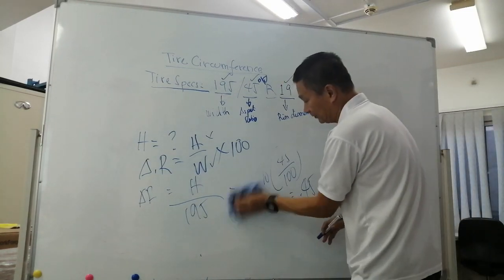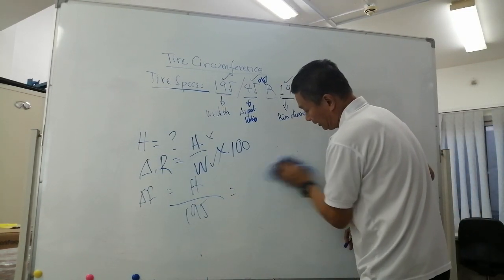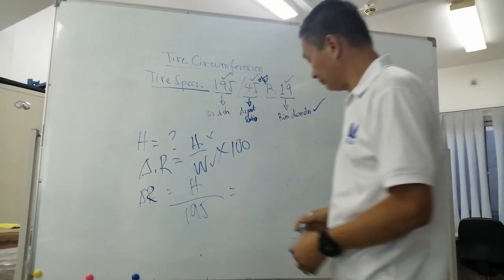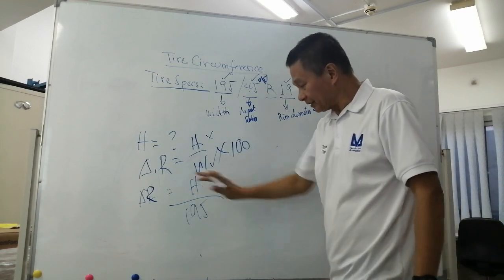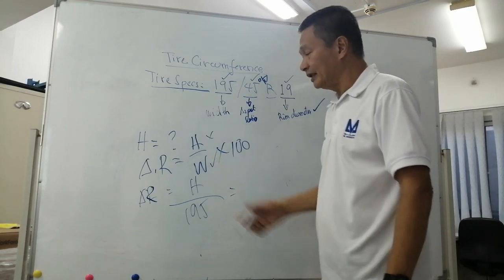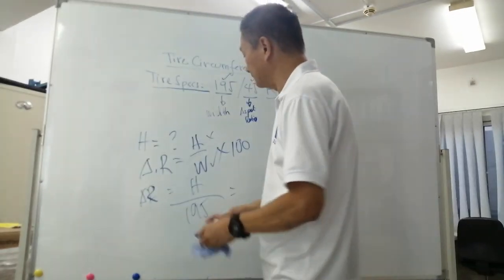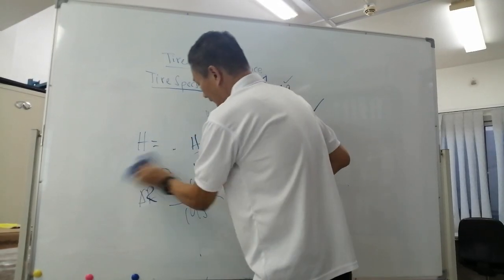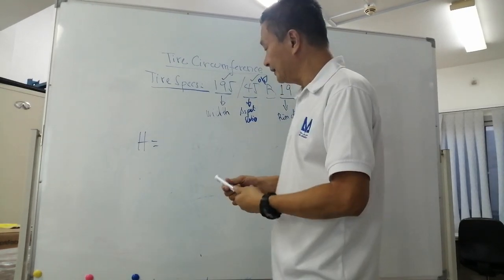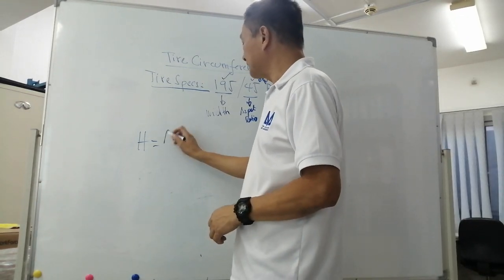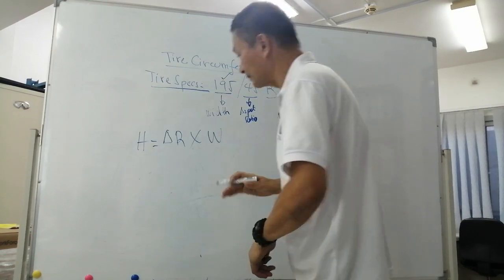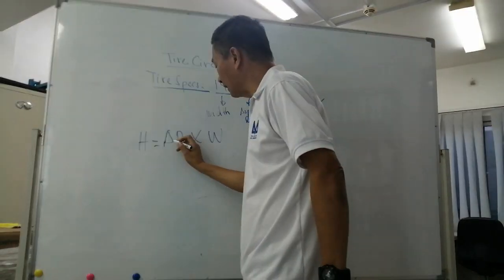So based on this formula, what will be the formula for the height? Height is equal to aspect ratio times width. That is the formula for height.